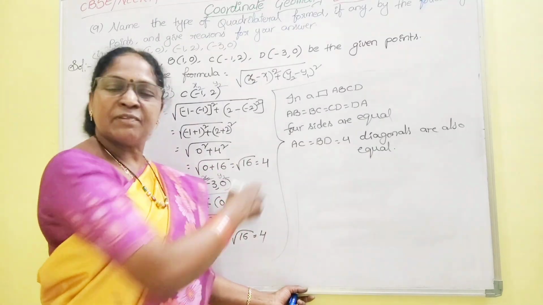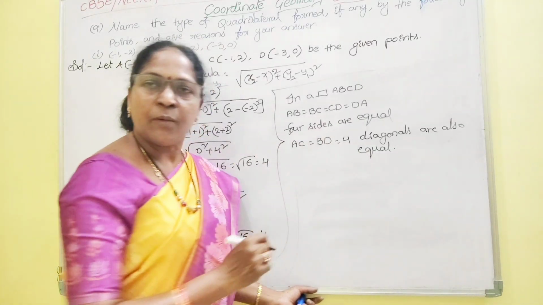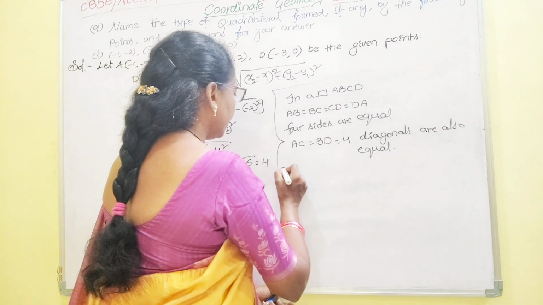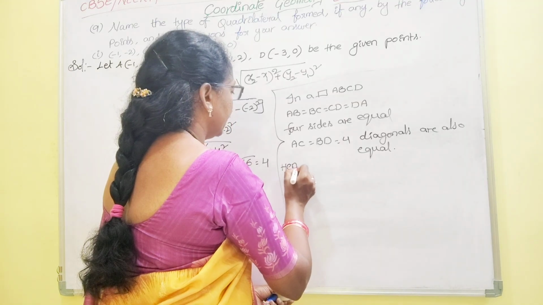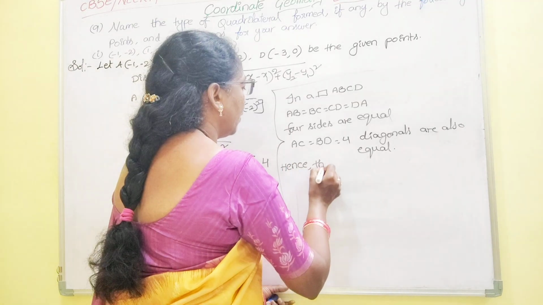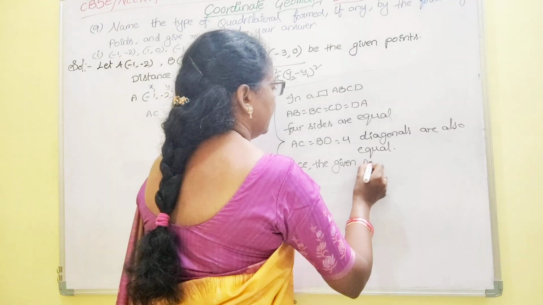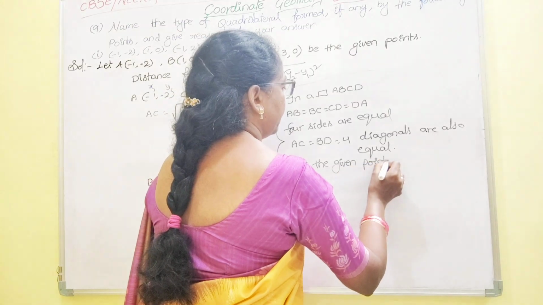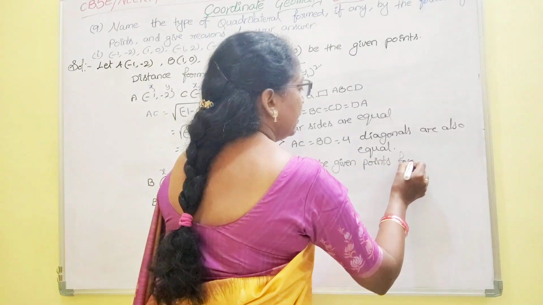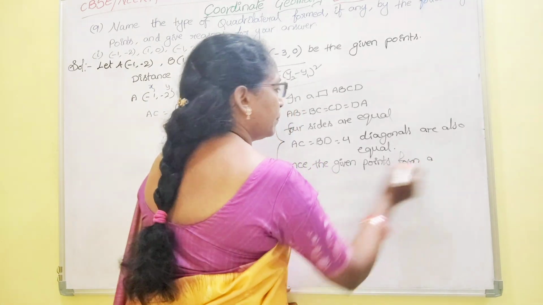So in this first one, the given points form a square.